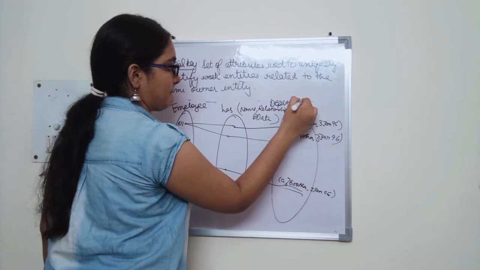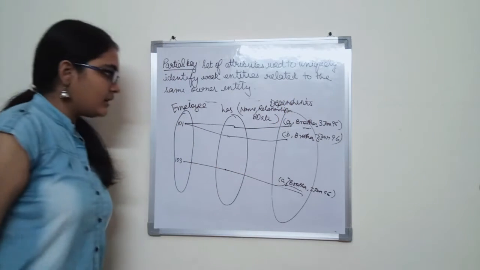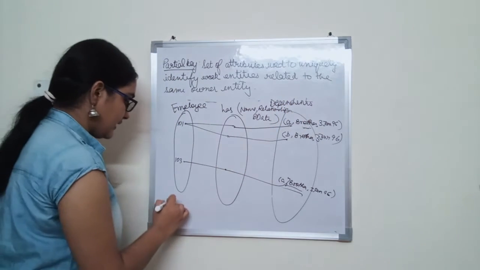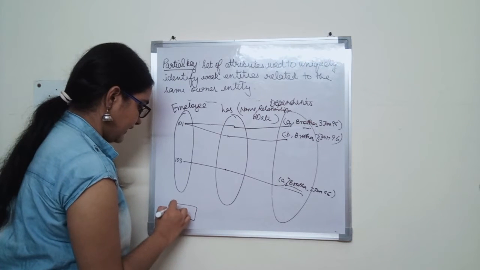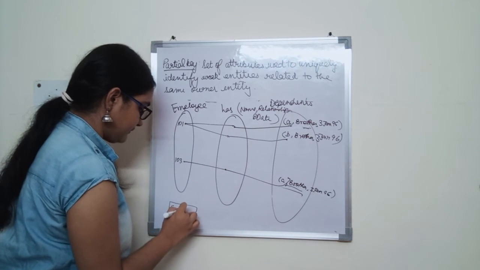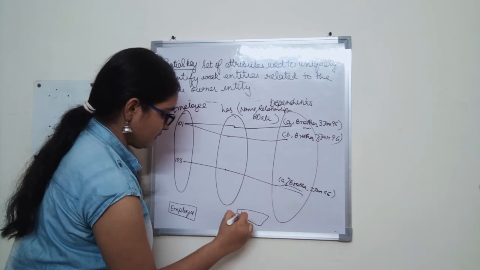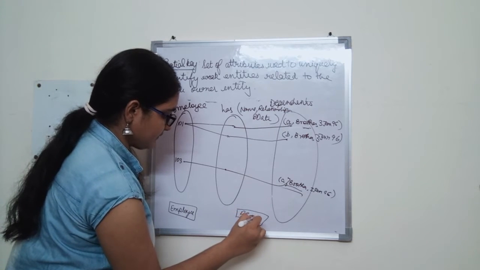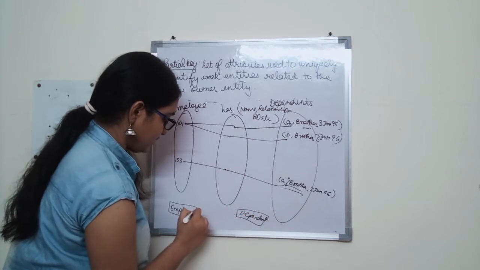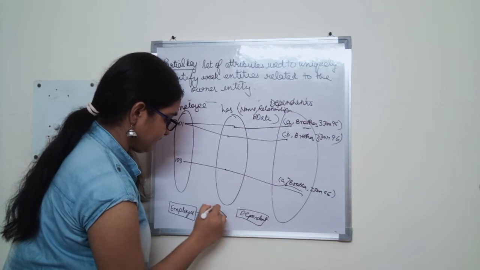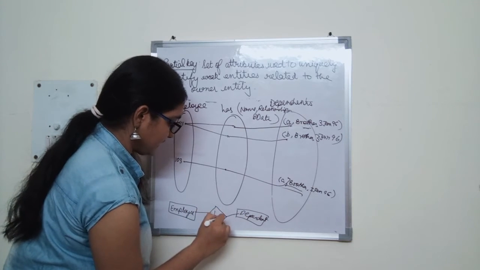So there is an entity employee and there is an entity dependent. The relationship is "has".